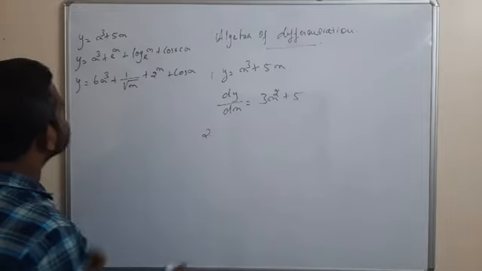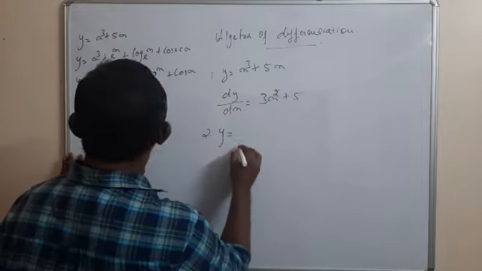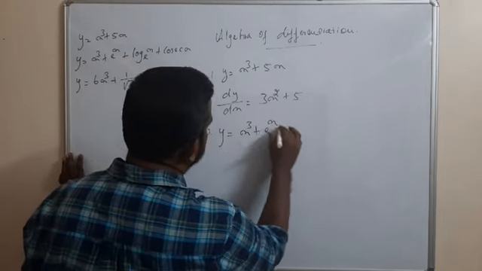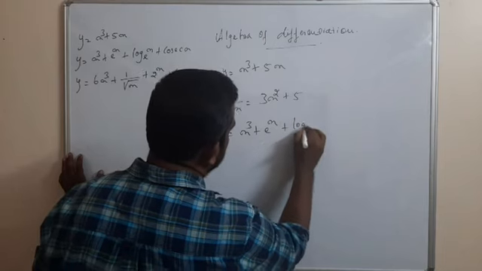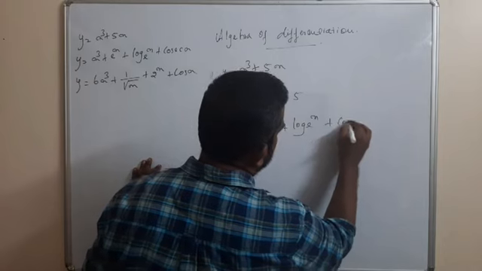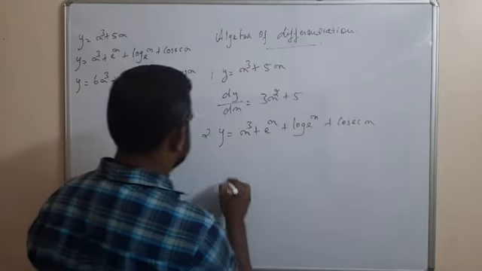Then second, y is equal to x cube plus e power x plus log x to the base e plus cosecant x.